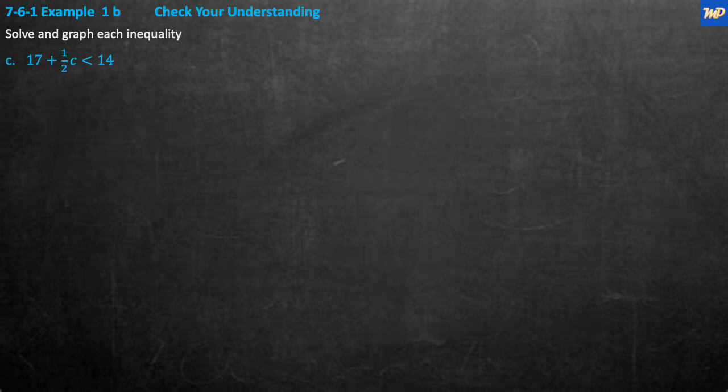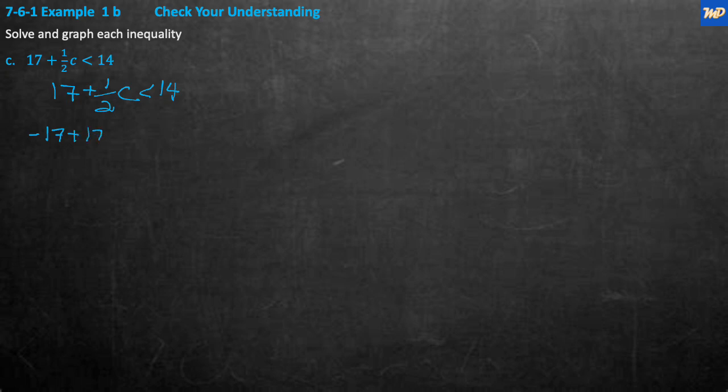Okay, for the last problem here in this series, we're going to solve and graph number C. So it's 17 plus 1/2 C is less than 14. The C is already on the left-hand side where I kind of like it. We're going to have to move the 17. So we're going to say minus 17 because we have to get rid of the positive 17.